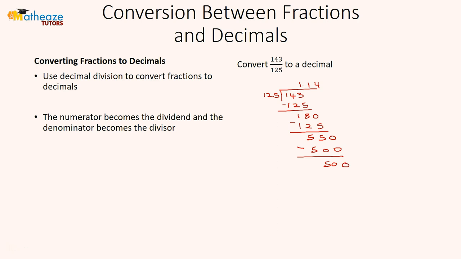Put a 0. 500 divided by 125, that's going to give us a 4. 4 times 125 is 500. So 143 over 125 is the same as 1.144.